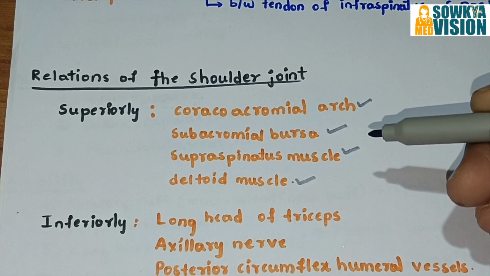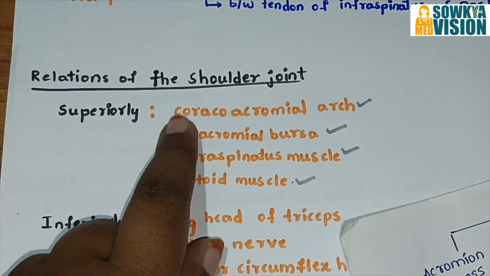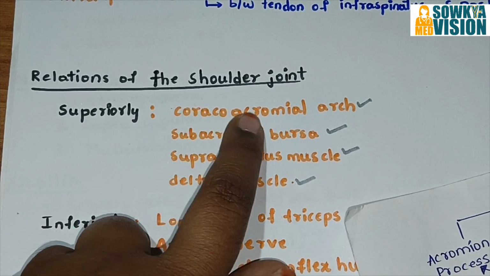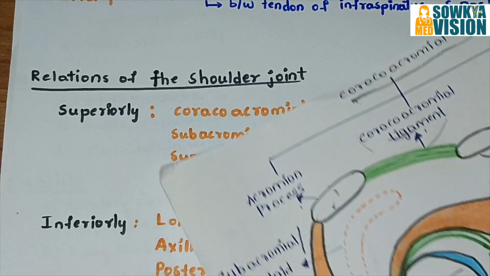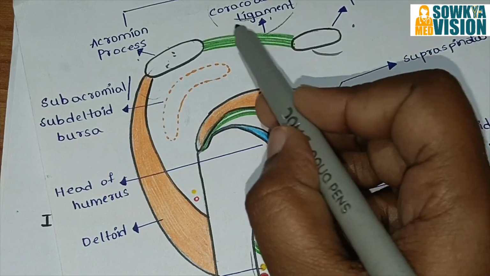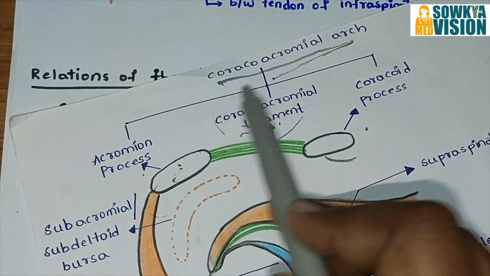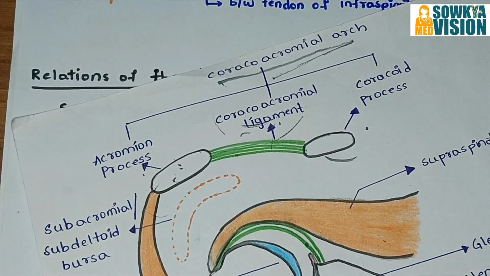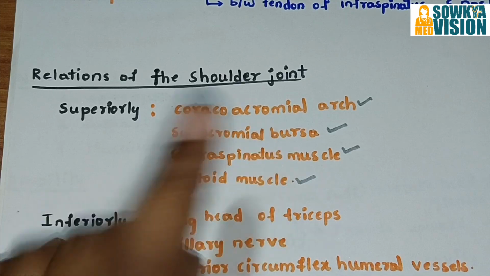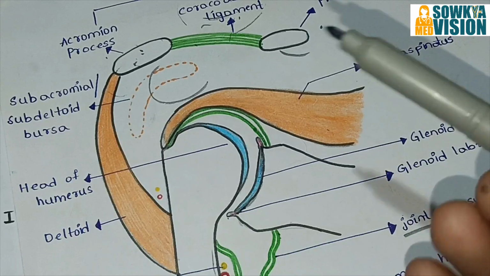See what we have said: superiorly the shoulder joint is related to the coracoacromial arch. This is the joint, right? Superiorly the coracoacromial arch is present. Yes, this is the coracoacromial arch, and the subacromial bursa. See, this is the subacromial bursa present superiorly.